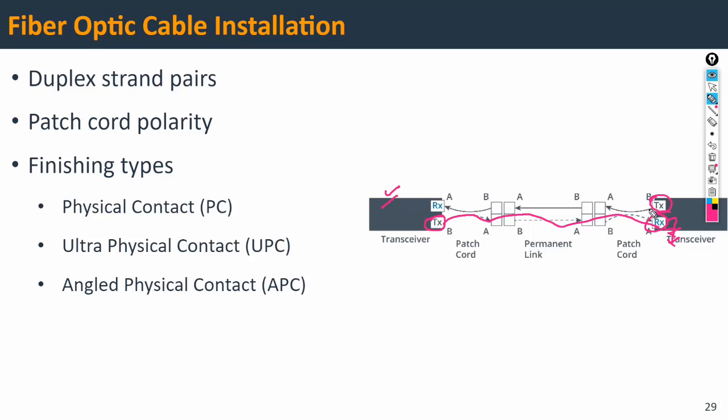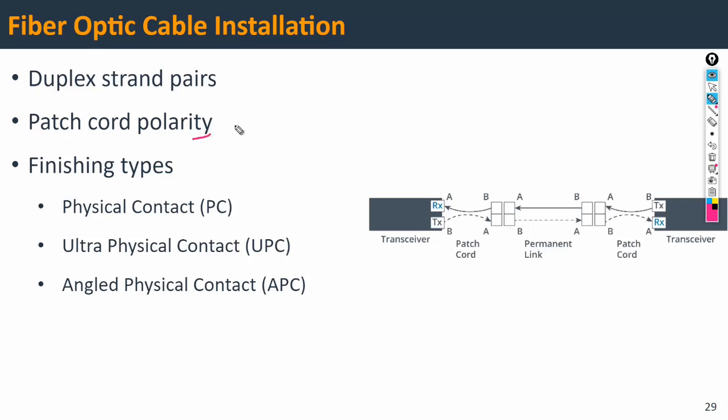Similarly, if TX is connected on this side, then on the other side the RX must be connected. This is simple: if the sender is on TX, then the receiver should be connected on RX, and if the sender is on RX, then it must be connected on TX. TX is transmitting the data, RX is receiving the data.